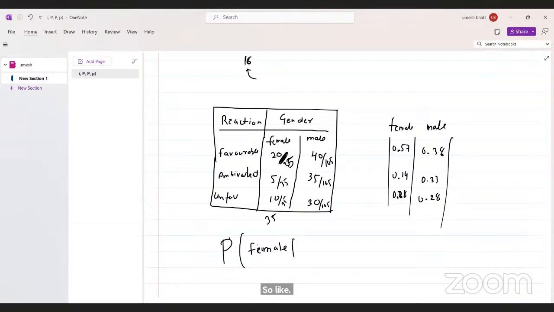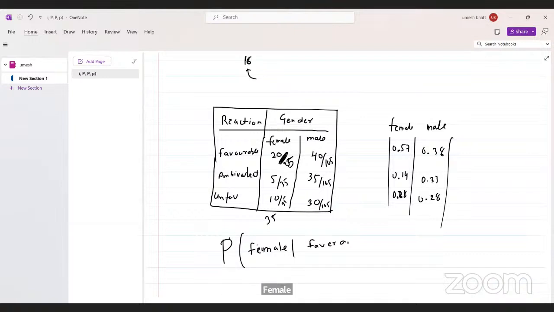Which column relative frequency, and what does column relative frequency tell? If I see the column frequency, then it will tell what? Favorable given that female, favorable reaction. Yes.